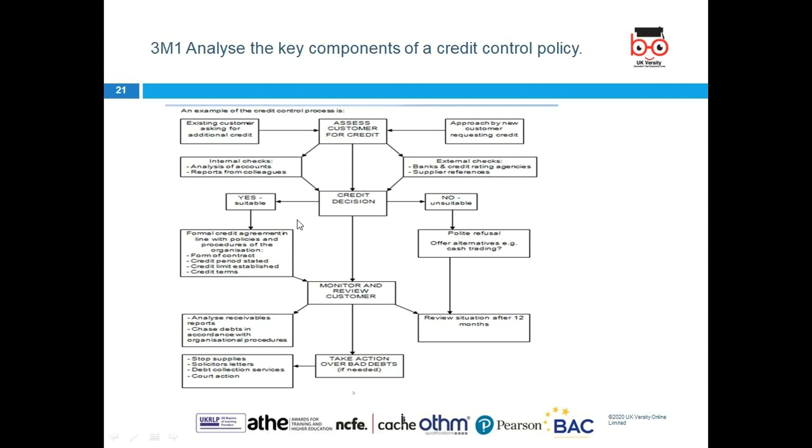So we are looking at analyzing the components of credit control policy, assessing the customer credit decision, whether you will give them credit or not. Monitor if somebody is not paying the payment in future, they want credit, so you don't give them.